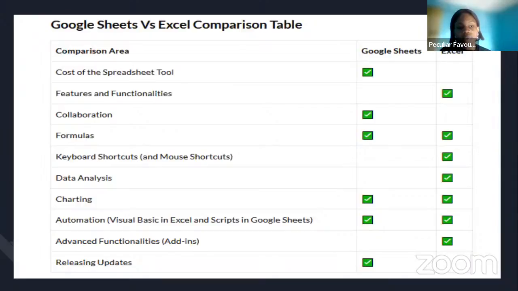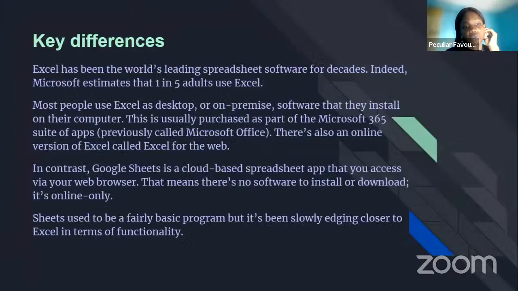Automation: Visual Basic in Excel and scripts in Google Sheets. Advanced functionalities added. This is just a table showing the comparison and the differences between Google Sheets and Excel.